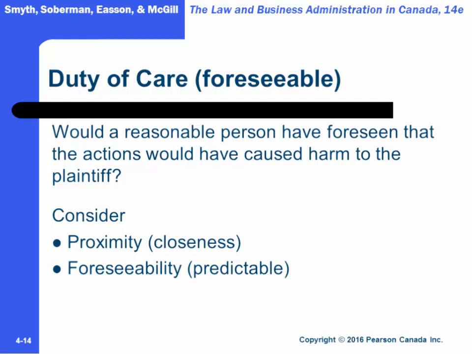As long as it's apparent to a reasonable person that a bad throw will hit someone who's enjoying the park, that foreseeability imposes a duty of care. The sentence, or the paragraph, finally ends with the key words are proximity, meaning closeness, and foreseeability, meaning predictability. So those two things combine to create a duty of care.